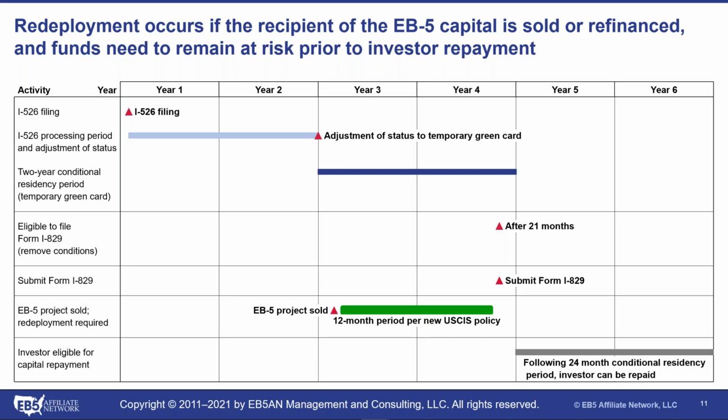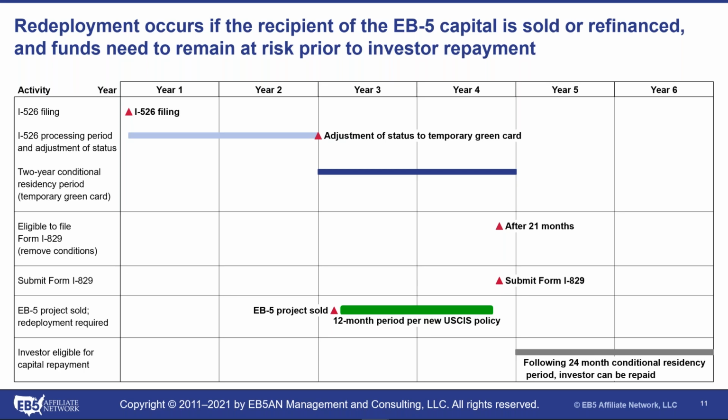But in general, 12 months is what they're looking to see the reinvestment happen. Because there's still the full 2 years needed for that investor to have their capital remain at risk, that capital is going to need to be redeployed, ideally within 12 months of that liquidity event.